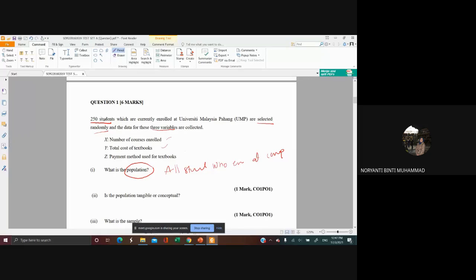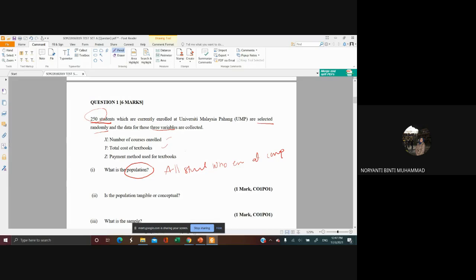So here 250 students which are currently enrolled at UMP are selected randomly. So when you look at this sentence, it seems this is not population. So the population will be all UMP student who enroll ataupun all student who enroll at UMP.